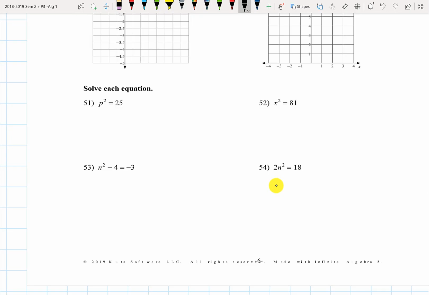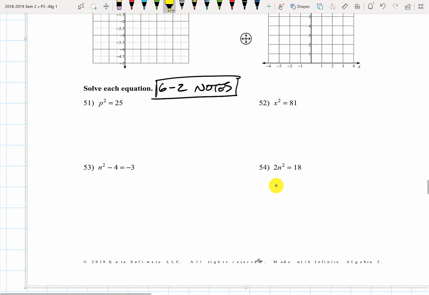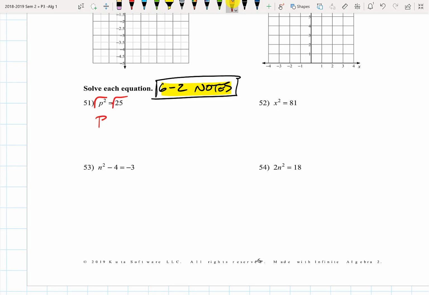Okay, next one. I'll do a few of these here. This is section 6.2 in your notes, so keep that in mind. So square root both sides, and p is equal to plus or minus 5, which means 5 and negative 5. Two solutions here.